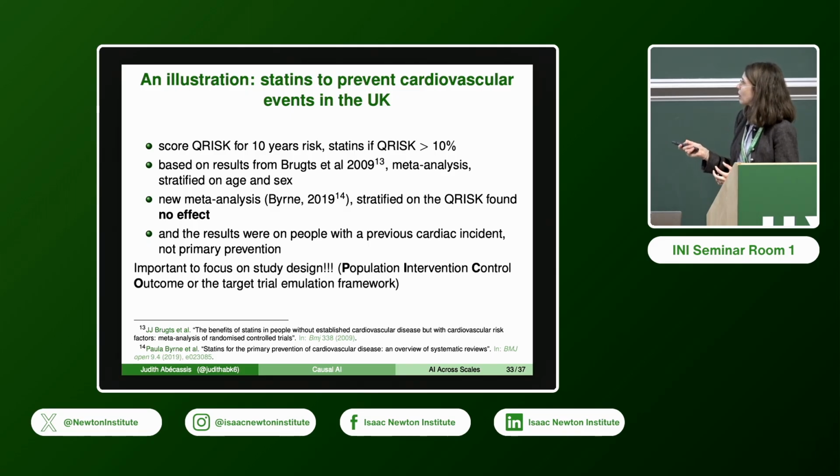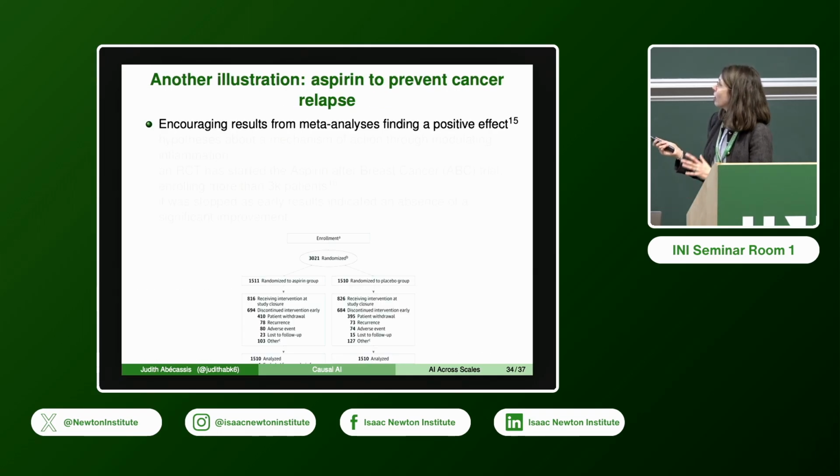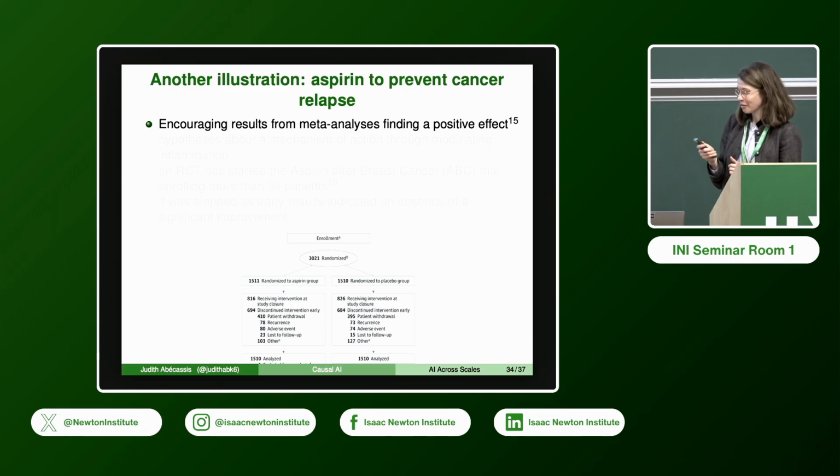So there are some guidelines in the healthcare framework, so either the PICO framework to focus on defining well your population, what is your intervention, what is your control population, what is the outcome that you are considering, and it's also really close to the target trial emulation framework that is very famous too.